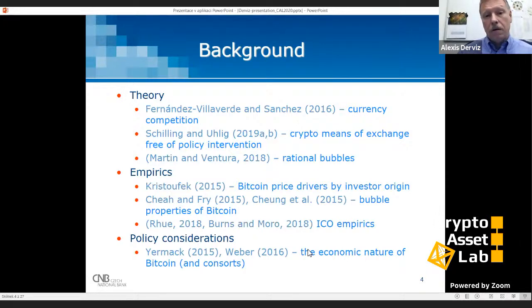The theory is not very rich at the moment, because it is a recent thing, about 10 years old. And those theorists who attacked the issue, in my view, took the declarations by the crypto fans all too literally.